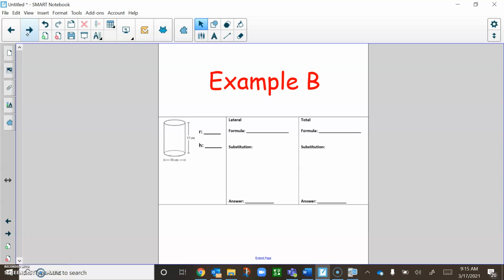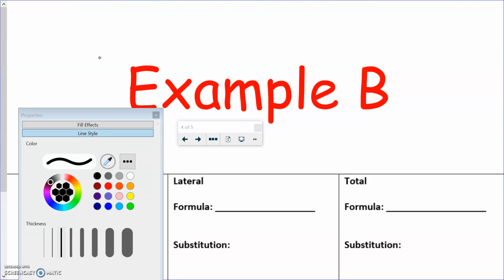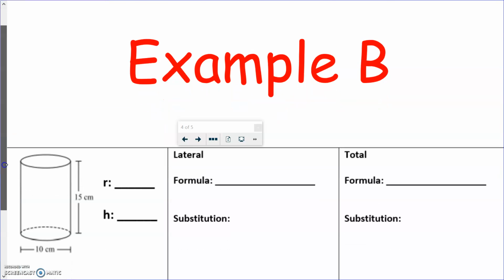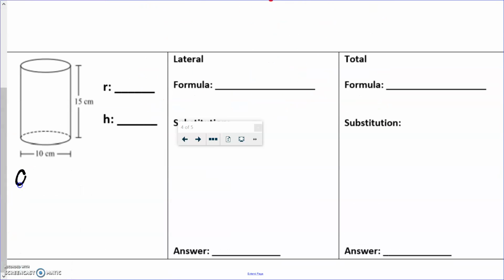Now let's look at example B. For example B, you notice we are given the diameter, but our formula calls for radius. Our diameter is 10, which means our radius is 5. So our radius will be 5, and the height of the cylinder is 15.